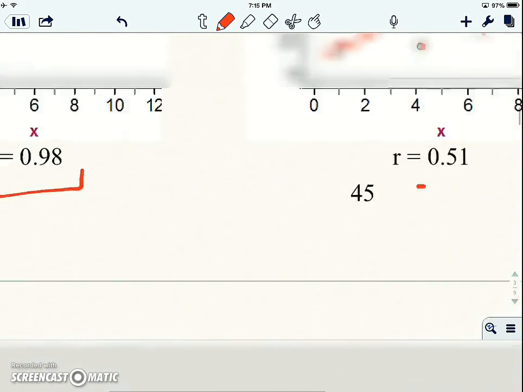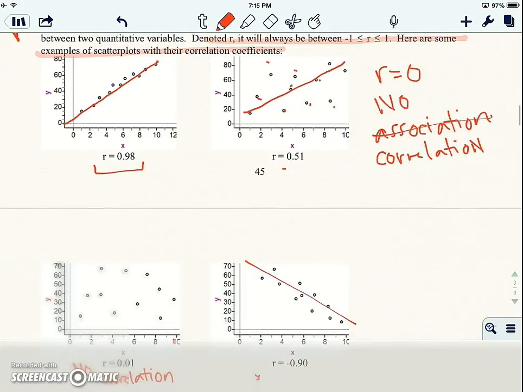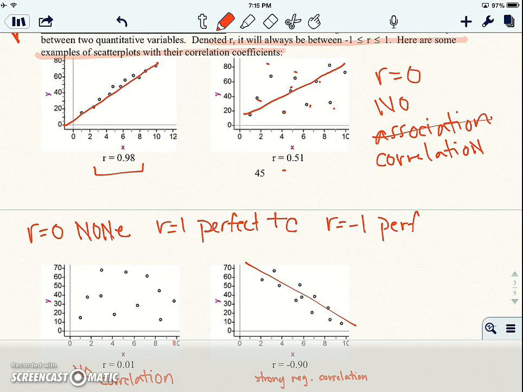If we wanted to think about this, I'm going to go back up here. R equals 0, we said is none. R equals 1 is a perfect positive correlation. And R equals -1 is a perfect negative correlation.